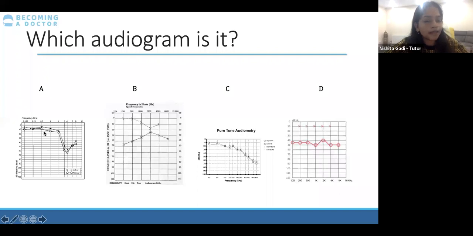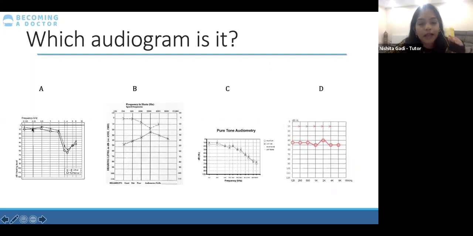It's A because in noise-induced hearing loss, you have a loud noise, and you have a characteristic dip at 4 kilohertz. At the frequency of 4 kilohertz, you have that little dip there. That's characteristic of noise-induced hearing loss, and you're correct that it's sensorineural hearing loss.